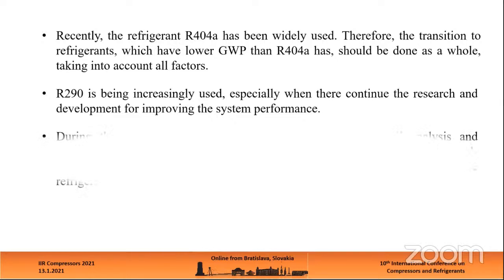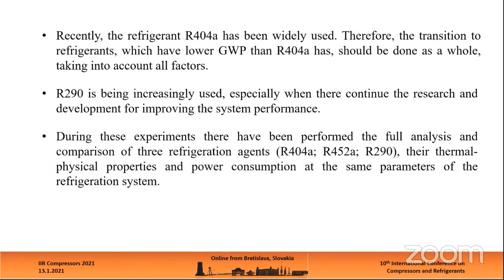During these experiments, there have been performed the full analysis and comparison of three refrigeration agents, R404A, R452A, R290. Their thermal physical properties and power consumption at the same parameters of the refrigeration system.